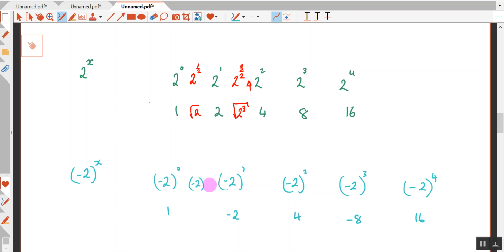Negative 2 to the power of a half. Okay. So can't do that. So what about any other points in between? Is that okay? So negative 2 to the power of, give me a fraction between a half and 1.